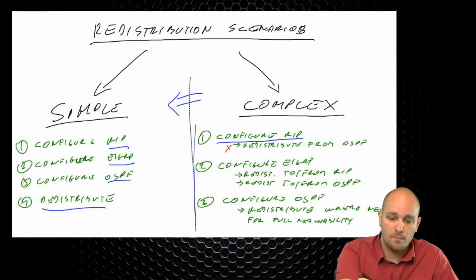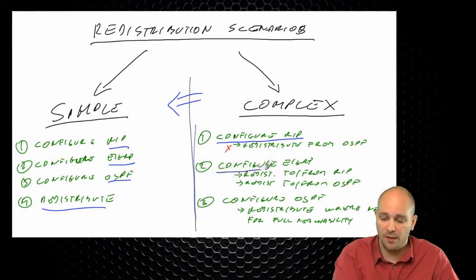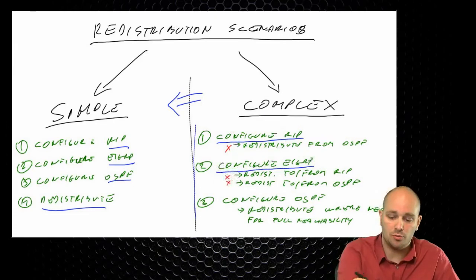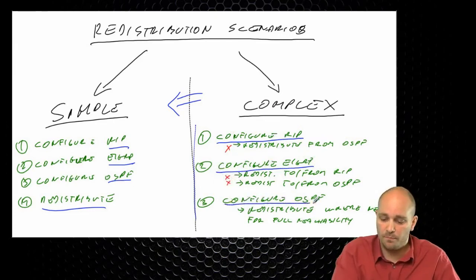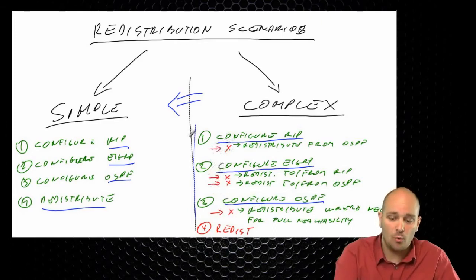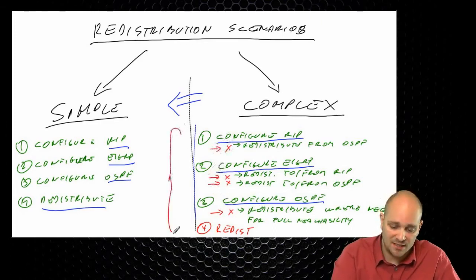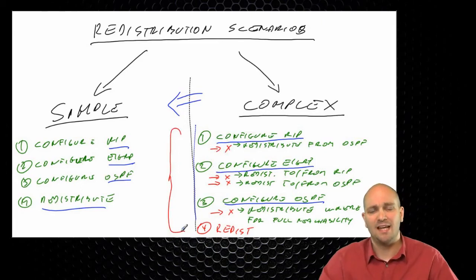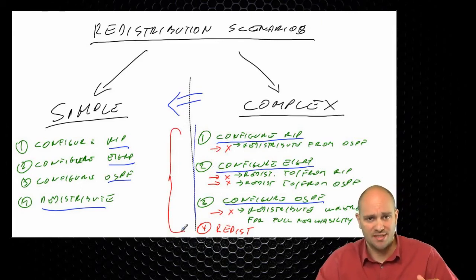You need to configure EIGRP and don't touch any redistribution. You need to then configure OSPF and not touch any redistribution. And then you create for yourself a fourth task, which is basically going to be redistribution. So this one here, this one here, this one here, and this one here. Basically, what we have done is we have translated the complex requirements into a set of very simple steps.